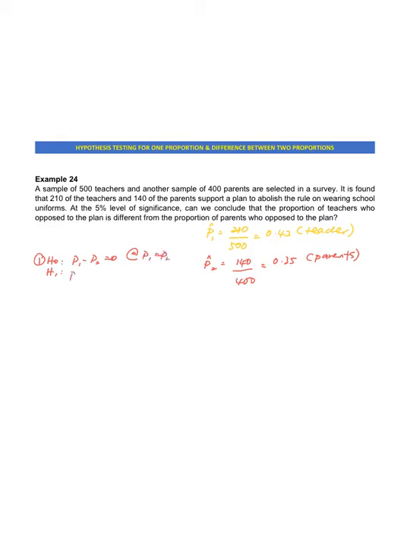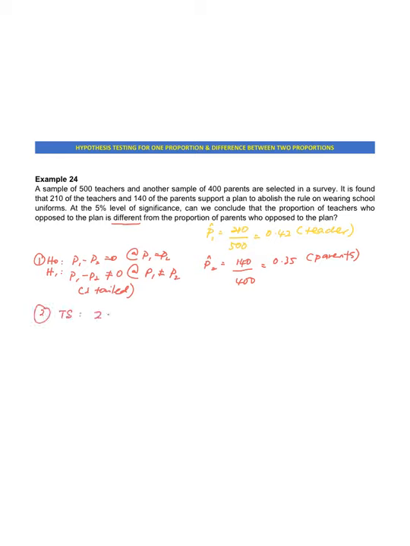For the H1, p1 minus p2 does not equal 0, or p1 does not equal p2. Either is fine, they are the same. Why do we use unequal? Because the sentence here wants to test whether they are different or not. So this one is two tail. I like to write one tail or two tail to remind us that later the alpha has to be divided by two.